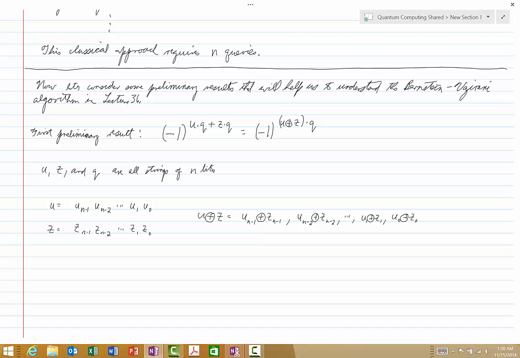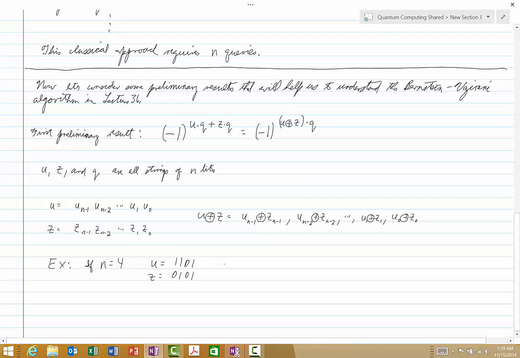So as an example, let's suppose n equals 4, and maybe U is equal to 1, 1, 0, 1, and Z is equal to 0, 1, 0, 1.